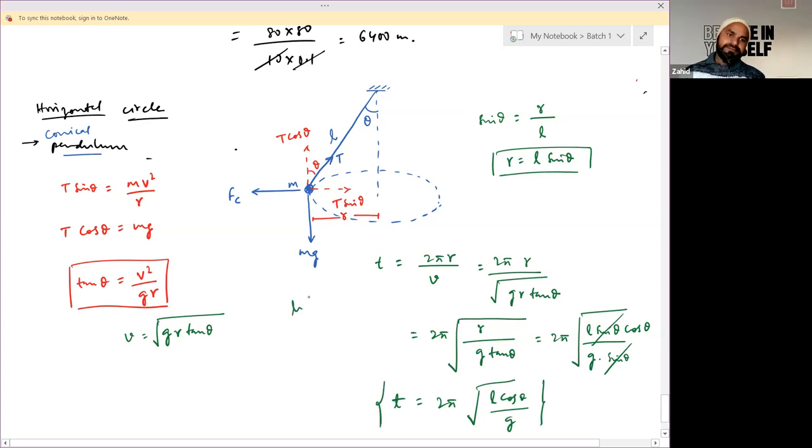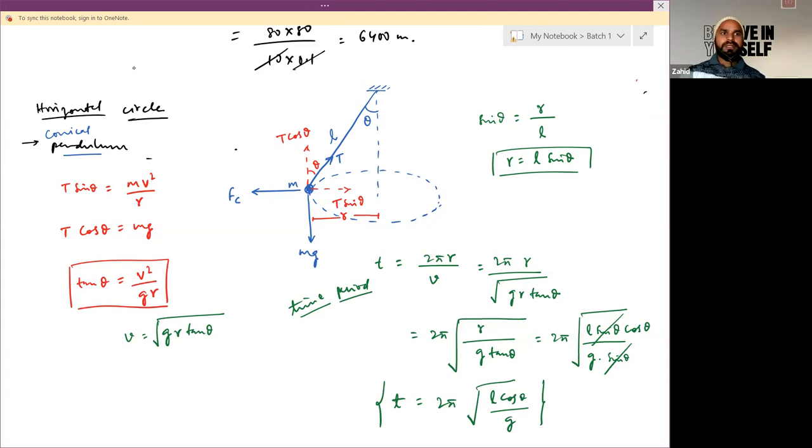So this will be the time period for conical pendulum. Is it clear? Khalid, any doubt? No, sir, no doubt.